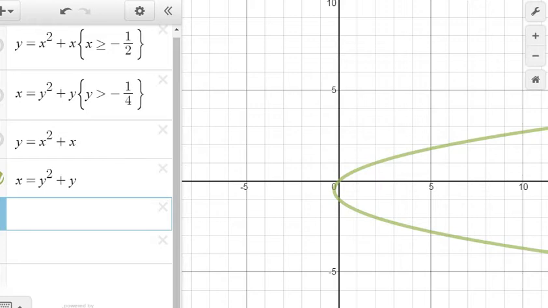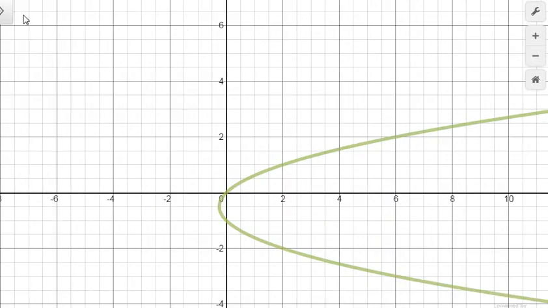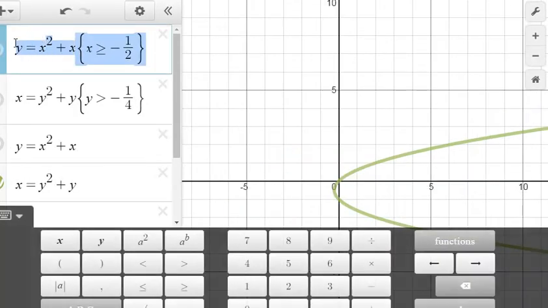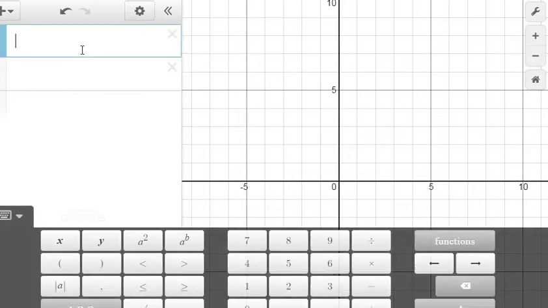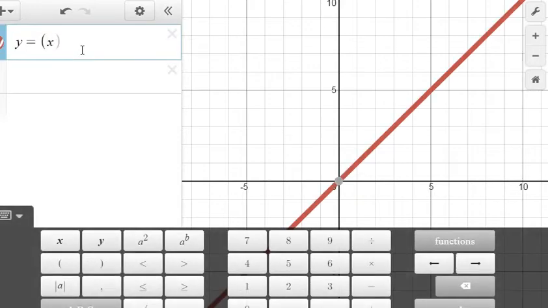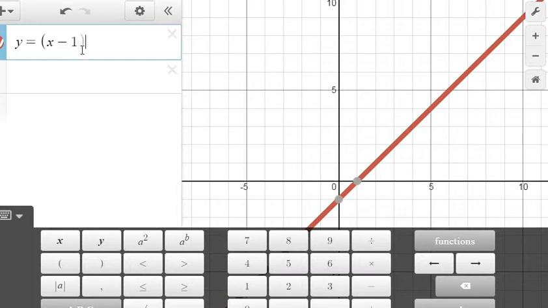Try and decide if these are one-to-one functions, and if not, maybe we can fix that a little bit. So I think I'm going to handle that up here. Let me delete these. The first one, problem number 86, is y equals (x minus 1) squared.